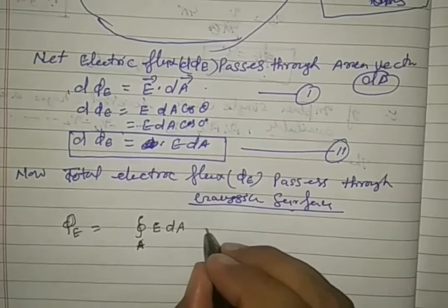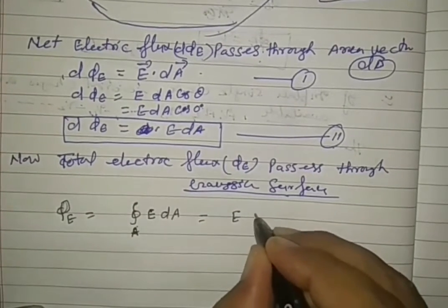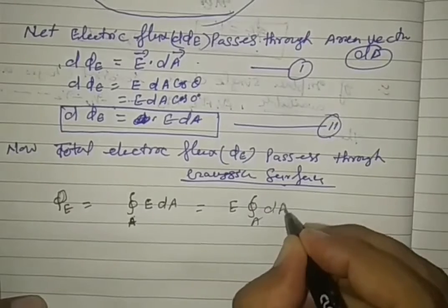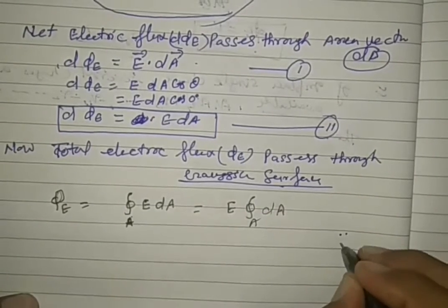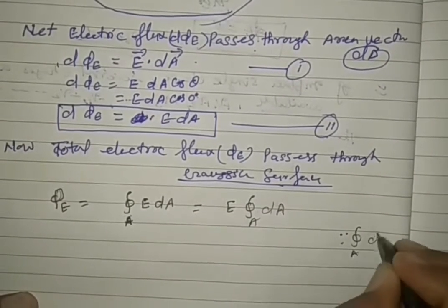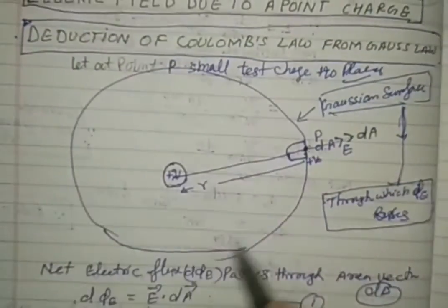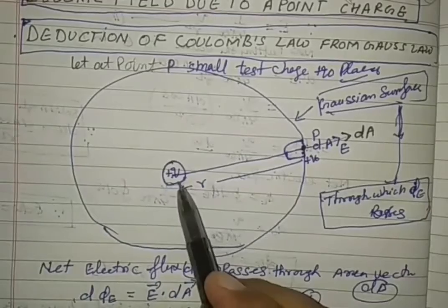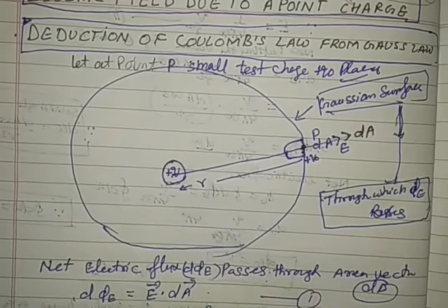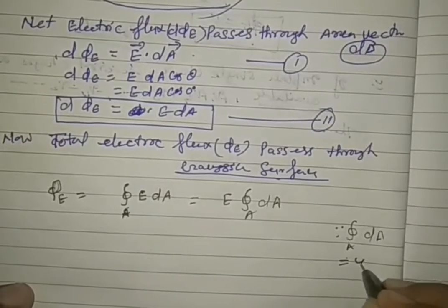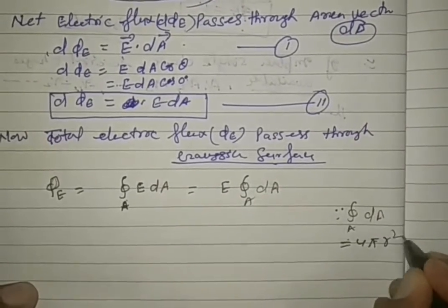Now it can be written as E outside, closed integral dA. Since it is a spherical Gaussian surface considered around this spherical charge Q, the total surface area, we know, is 4 pi r square.